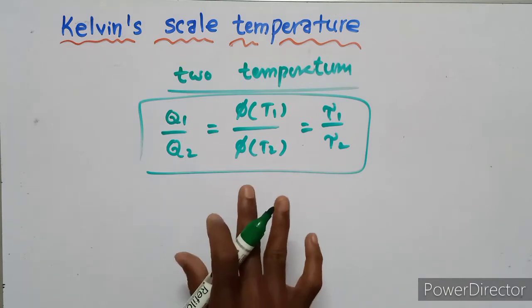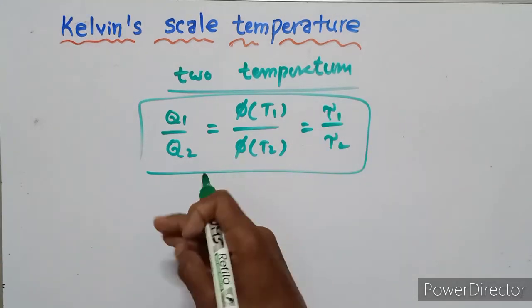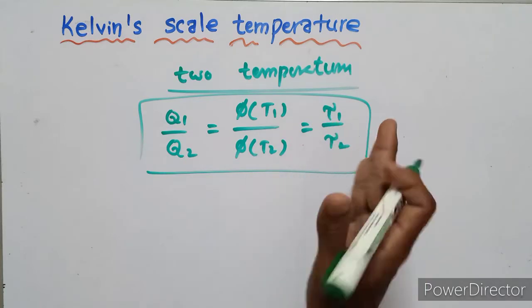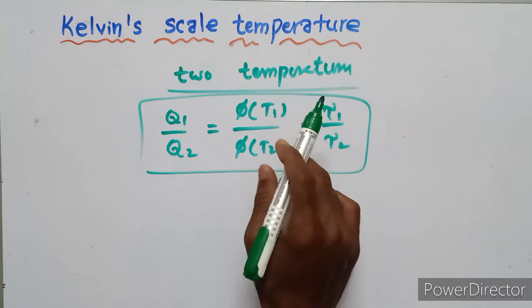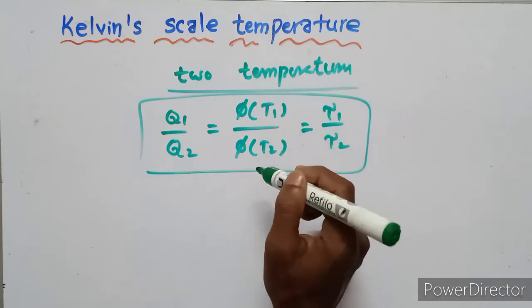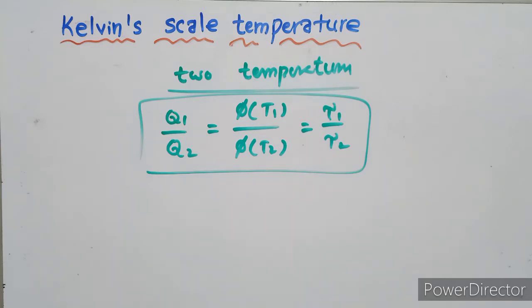To prove this equation, the efficiency of all reversible engines working between the same two temperatures is independent of the nature of the working substance.